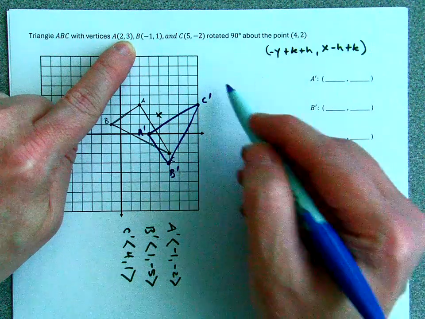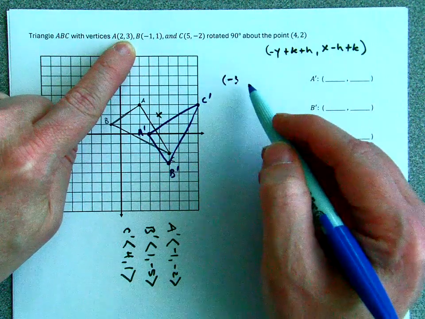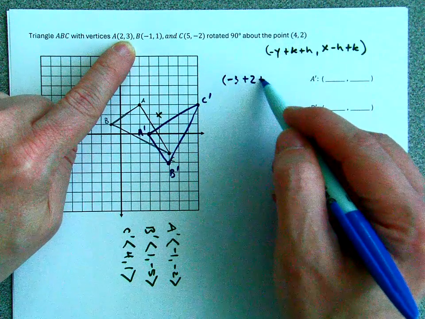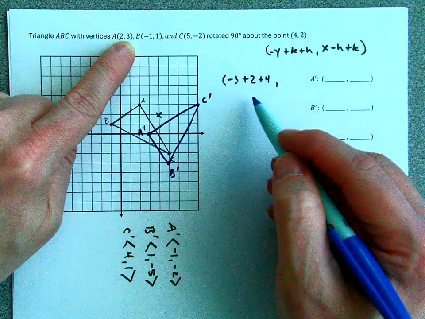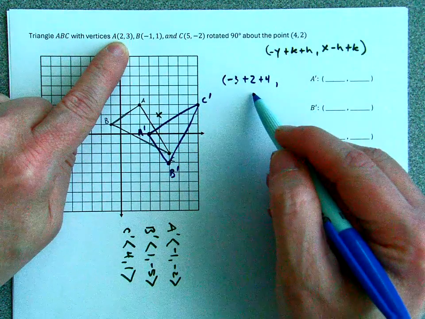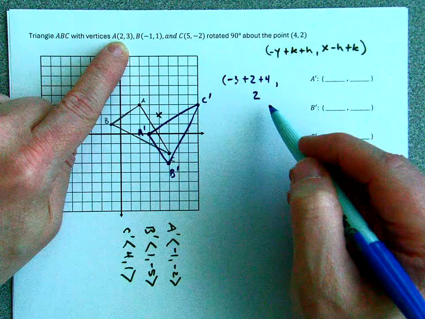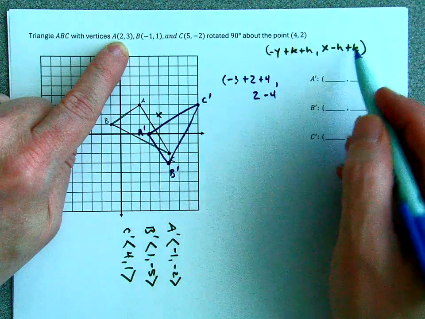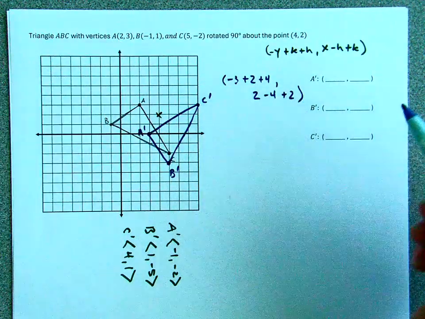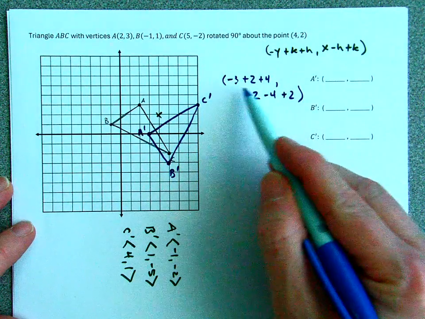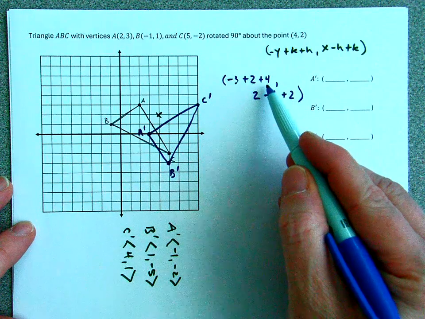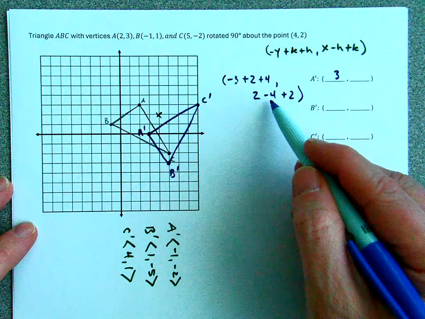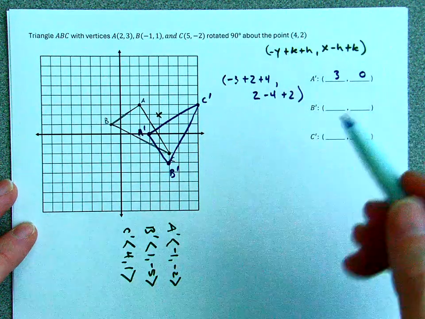I want the opposite. So this is going to be -3 plus the K value, which is 2, plus the H value, which is 4. And then I want X, which is just a 2, minus the H, this time a minus 4, plus the K value, so plus 2. So that gives us what? Negative 3 plus 2 is negative 1, plus 4 is 3. 2 minus 4 is negative 2, plus 2 is 0.